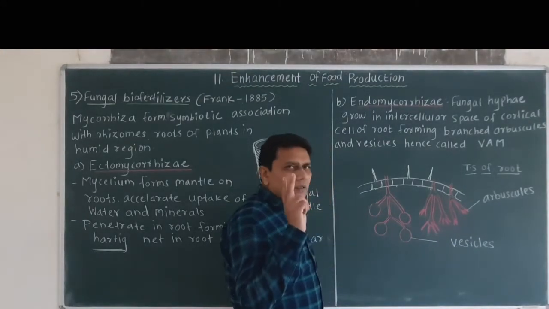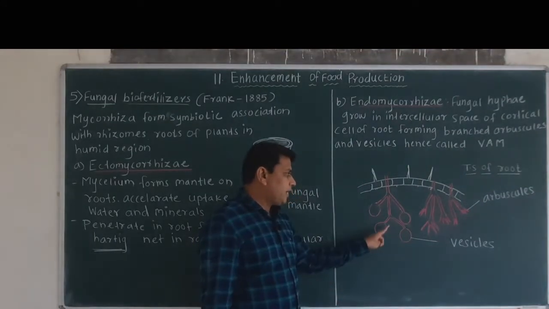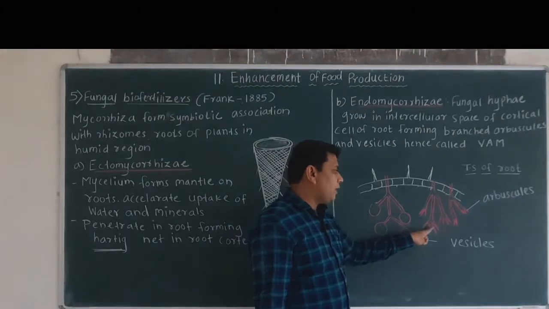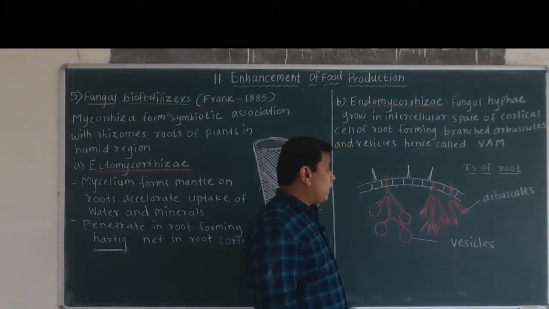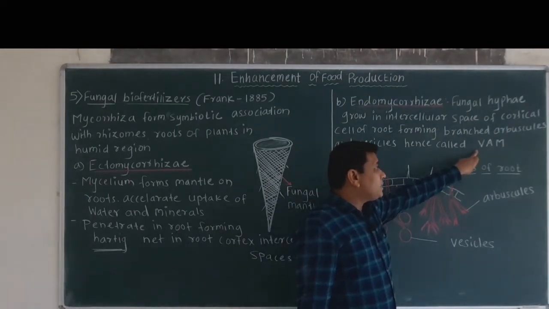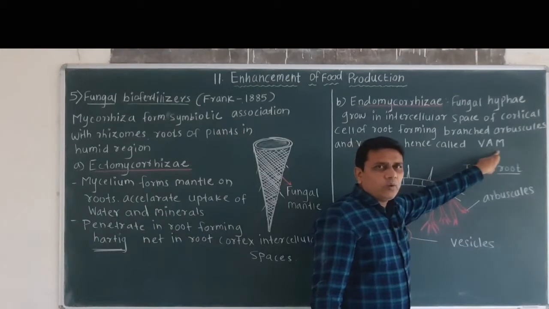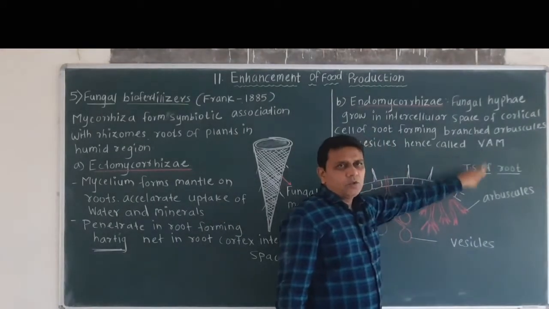So endomycorrhizae forms two structures, that is vesicles and branched structures called arbuscules. The endomycorrhizae are called vesicular arbuscular mycorrhizae, and its short form is VAM.